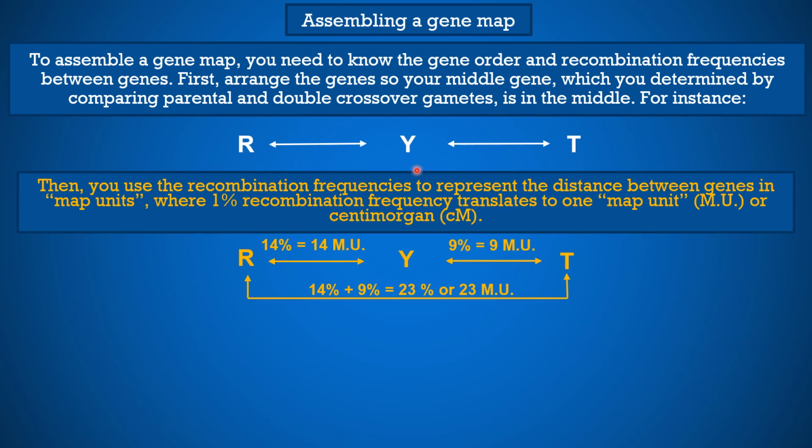We could also have it set up as T, Y, R. It wouldn't matter either way, just as long as Y is in the middle. Then we use our recombination frequencies to represent the distance in map units. 1% frequency equals 1 map unit, which is also equivalent to 1 centimorgan.